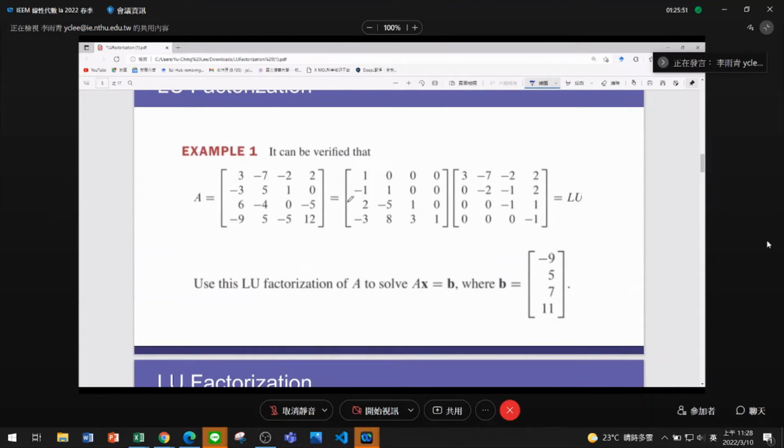Here is one example. Suppose we are given a matrix A, and we can verify whether these two matrices are L and U. We need to check if this is the echelon form.